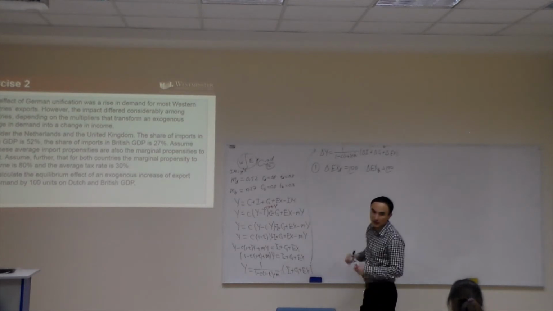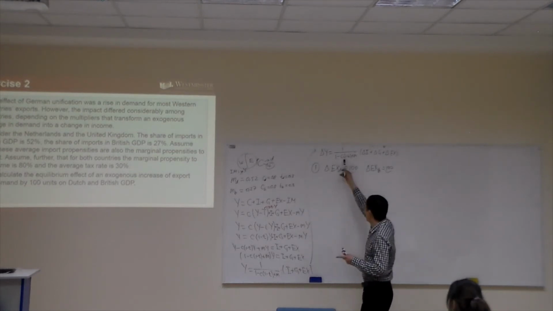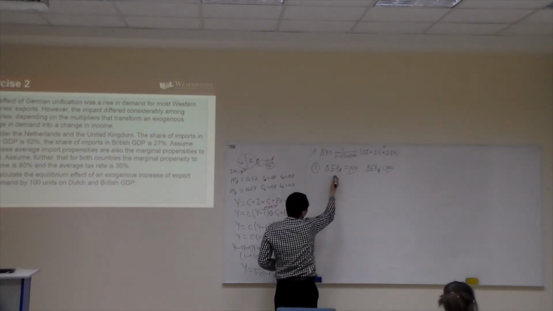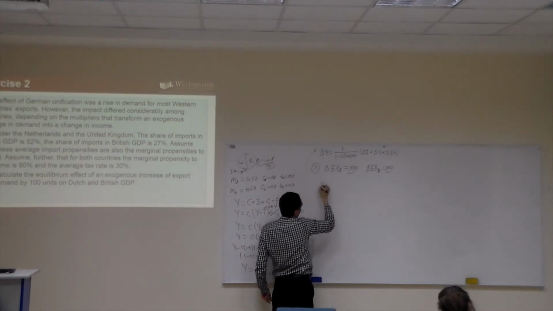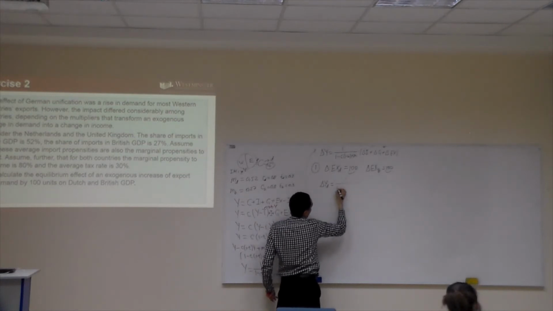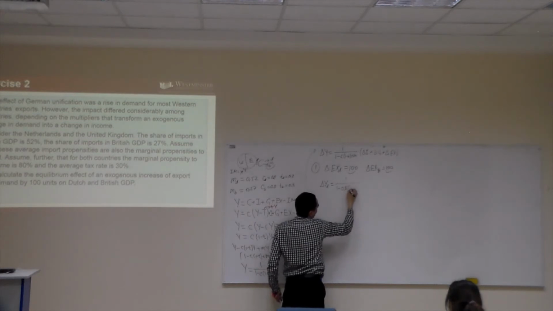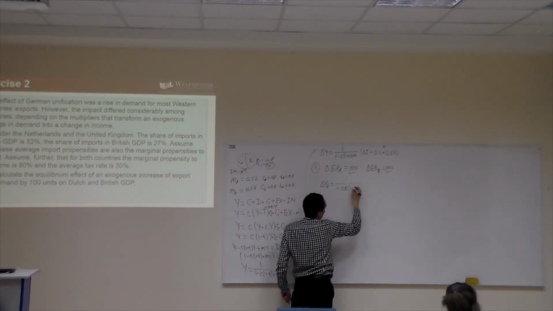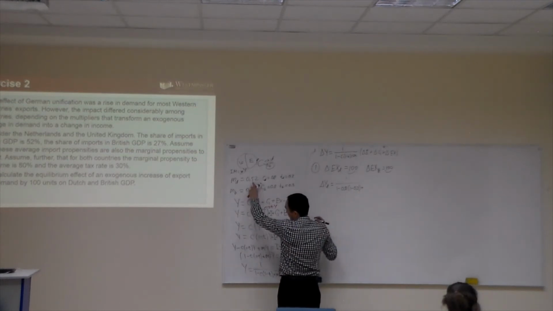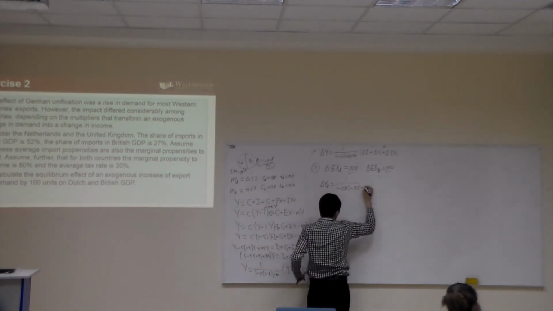We can now easily find it, because everything is given for us. So if you are going to find the change in Dutch GDP, the change in Netherlands GDP is equal to 1 over 1 minus marginal propensity to consume, 80%, tax rate in the Netherlands, 30%, and marginal propensity to import, 52%.